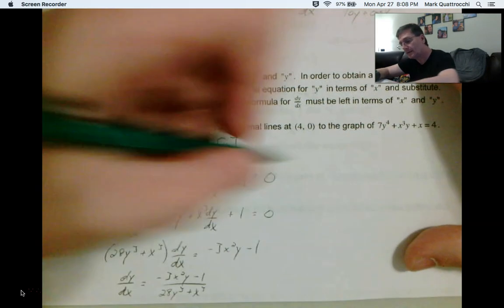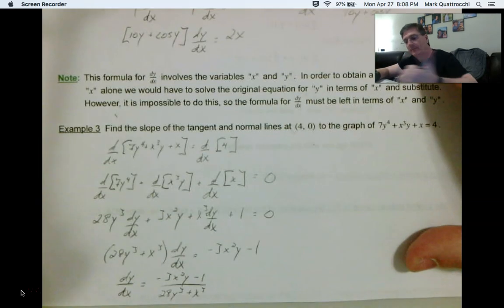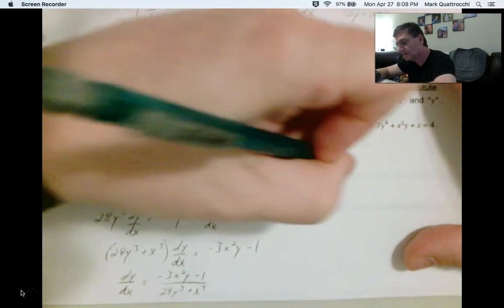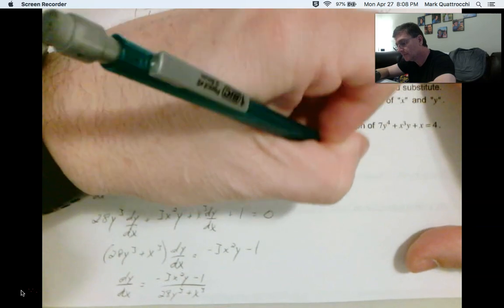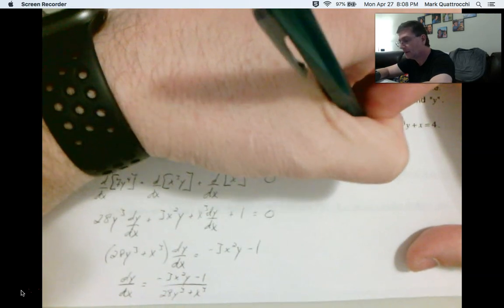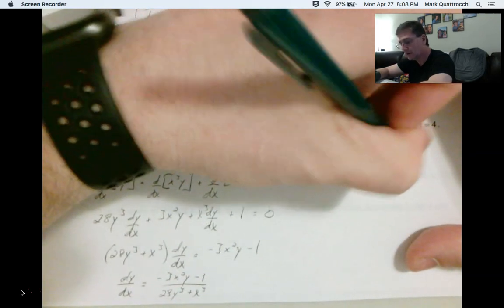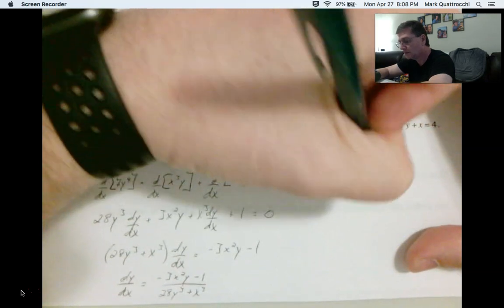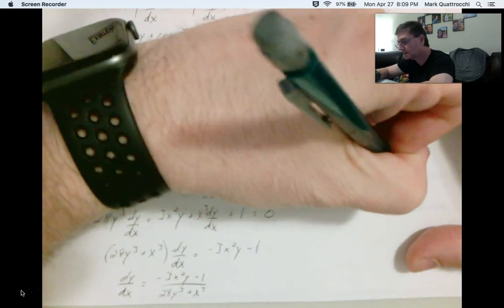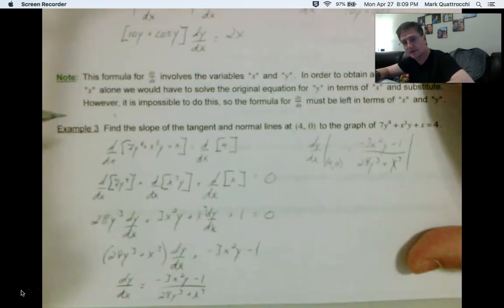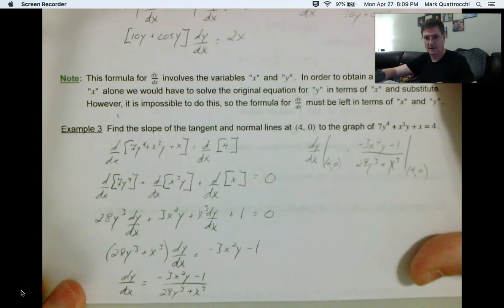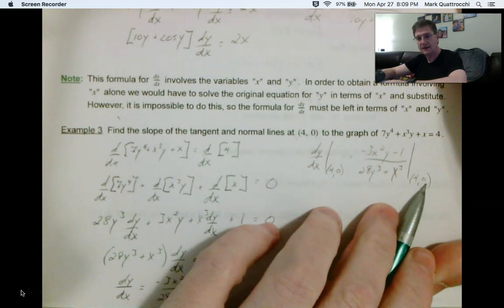So we need to evaluate this dy/dx at the point (4, 0), which means that negative 3x squared y minus 1 over 28y cubed plus x cubed needs to be evaluated at (4, 0). Again, that's x, that's y.